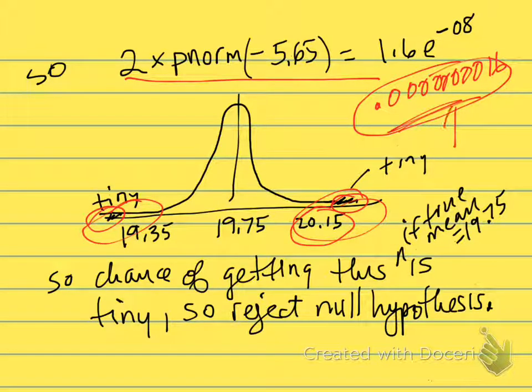We determined using statistics that finding that sample mean would be very unlikely if the true mean is 19.75, so we should reject our hypothesis that the true mean is 19.75, and we don't have an alternative hypothesis to accept, but our intuition would be, well, probably the population mean is a little higher than that.